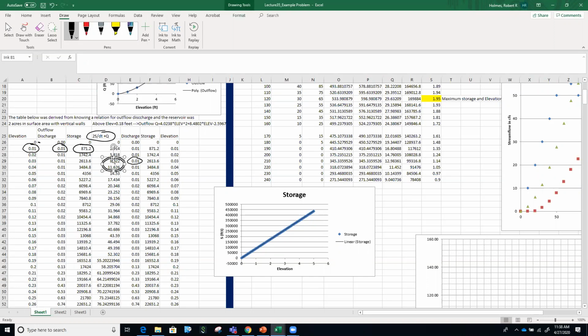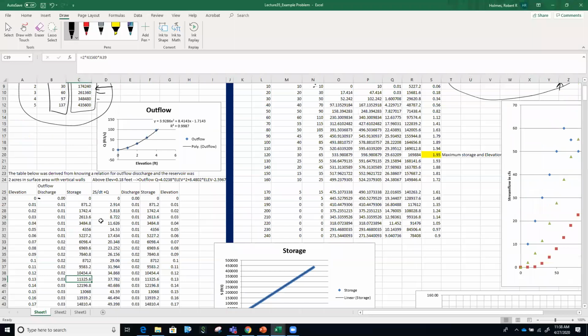So once you get above 0.18 feet, is there a reason why the outflow to elevation relationship isn't linear? Or is that just based on the geometry? Well, typically you don't have linear increases in discharge anyway. These power curves are what you see in stream channels.